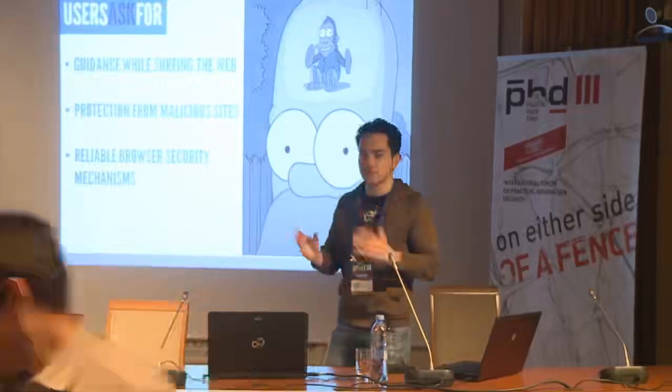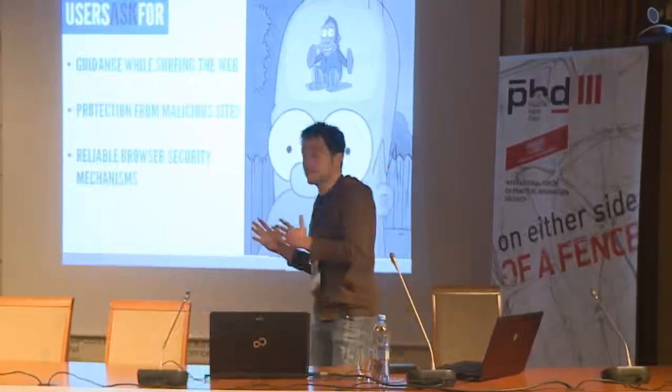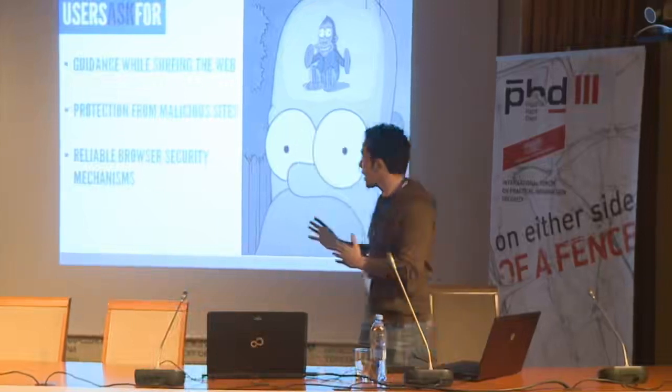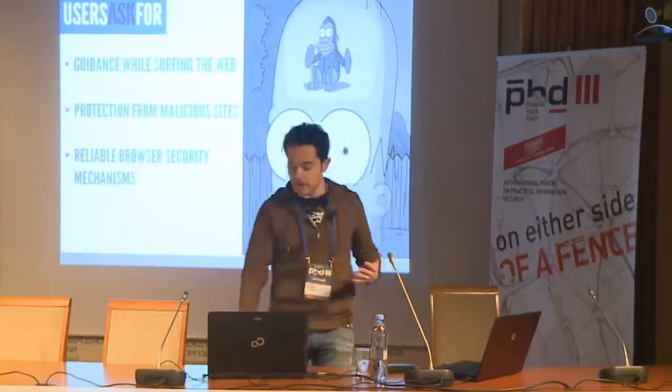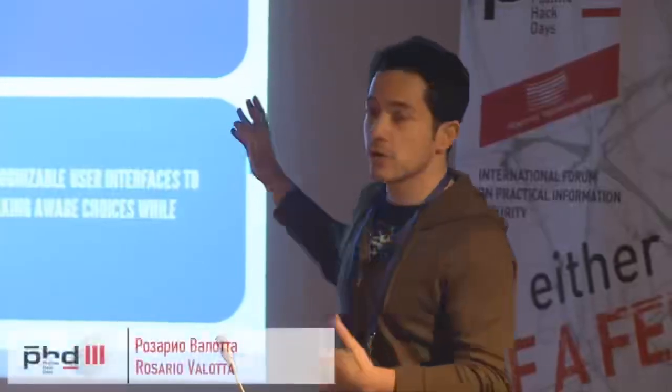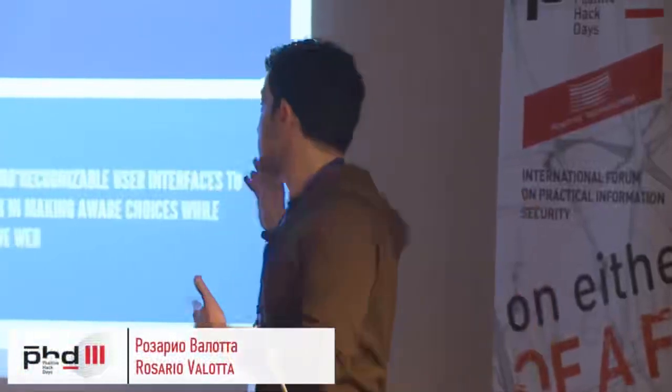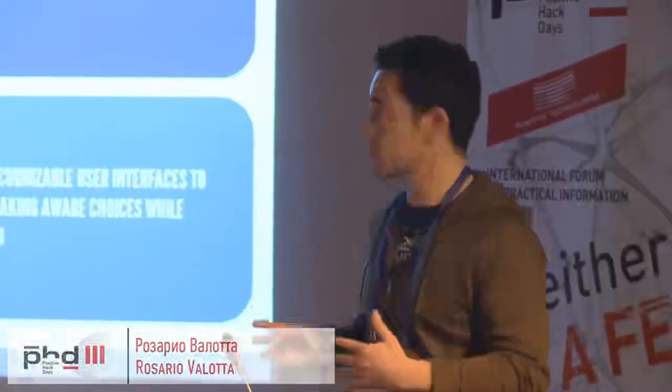Users need guidance, they need protection from malicious websites, and we can deliver these things by providing a reliable browser security mechanism. That's why in the latest years, browser vendors invested a lot of money and effort into building reliable security mechanisms, ranging from memory protection technologies, for instance, ASLR, DEP, GS, and so on, to protection against web attacks, for instance, XSS filters, anti-framing technologies, and so on, to malware and phishing protection, for instance, SmartScreen Filter by Microsoft or Safe Browsing by Google.